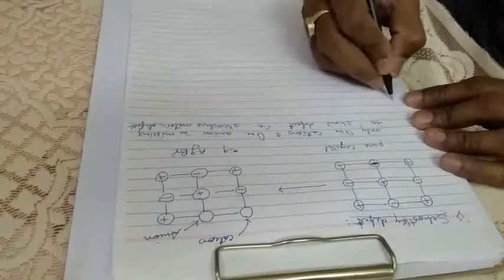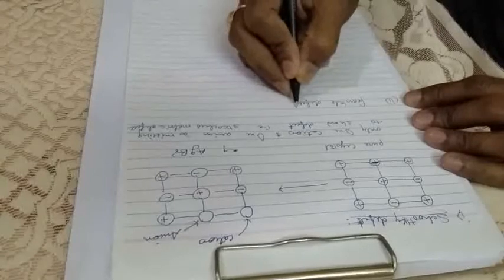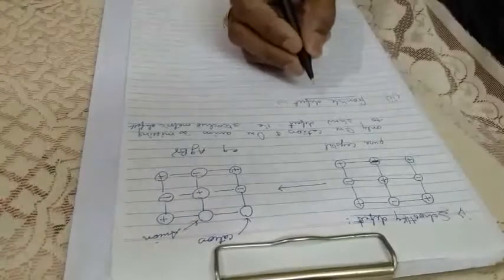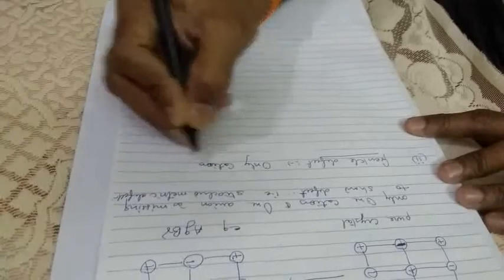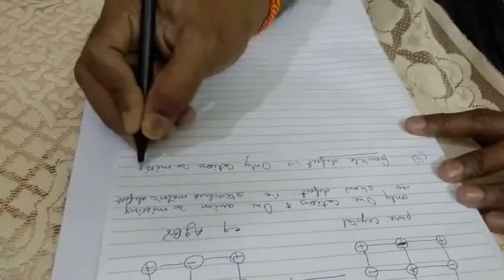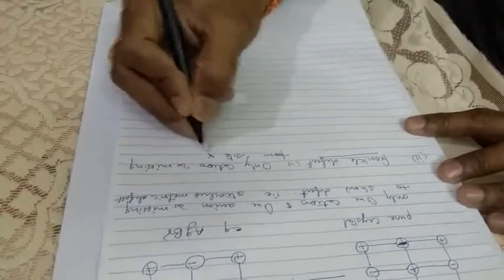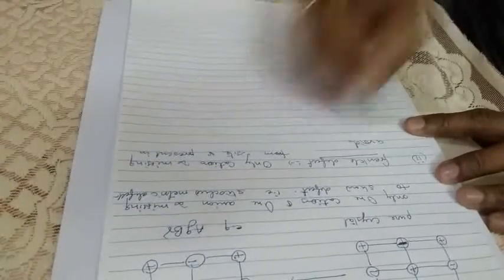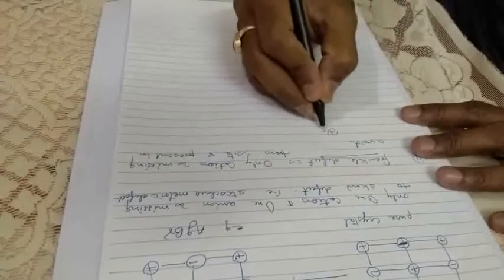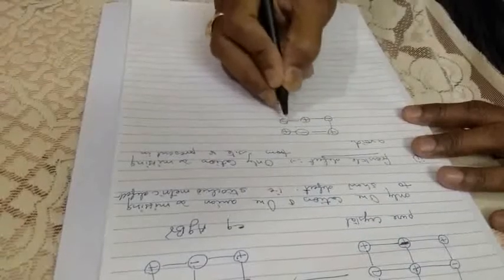Similarly, Frankel defect. Here in this Frankel defect only a cation is missing from its site and is present in a void. This is the pure crystal.